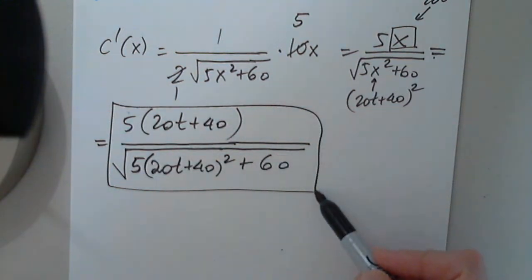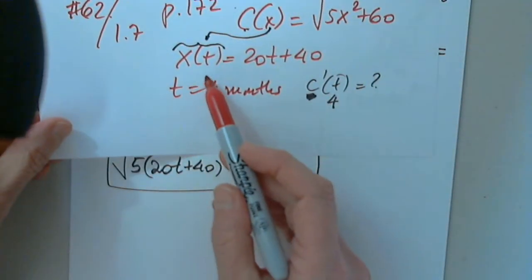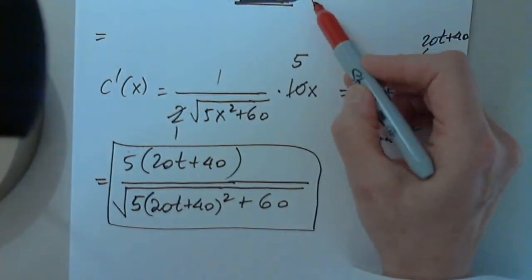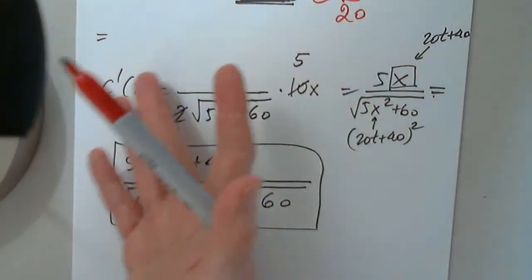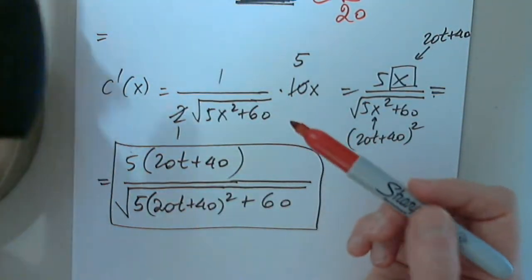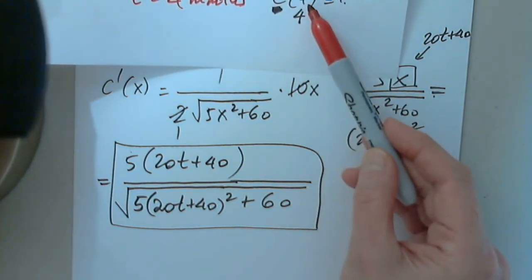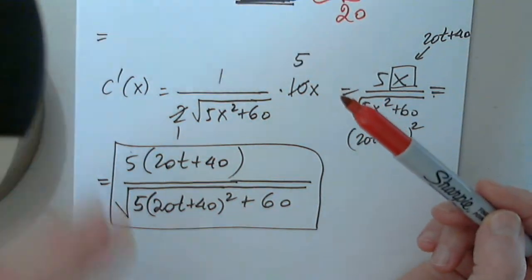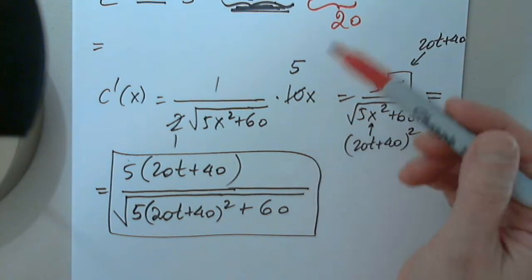And I'm going to use a different color for x, because this is really very simple. X prime of t is 20. So this piece is only 20. So the final answer for C prime, I can't find C prime of 4 if I don't have C prime of t. So this I have here, times 20.